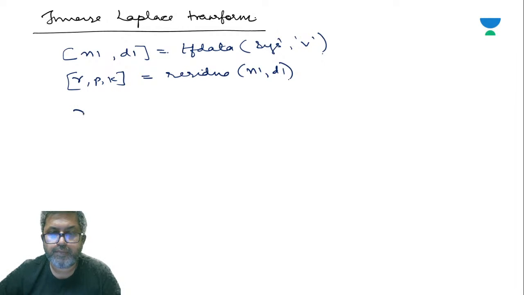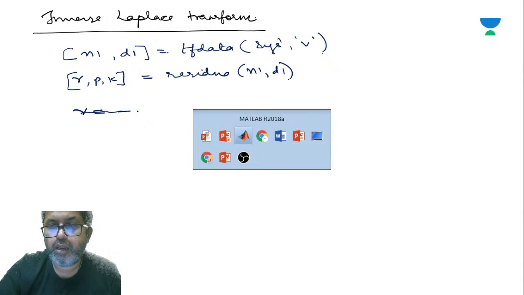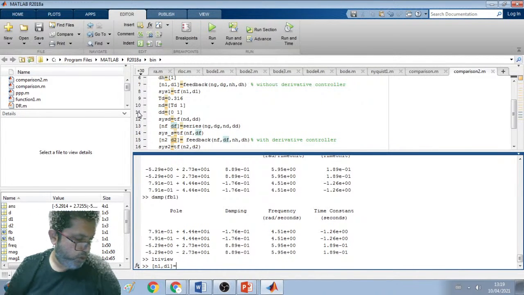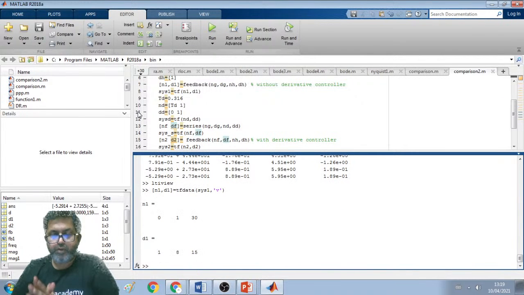Let us do the hands-on. n1 comma d1 is equal to tfdata sys1 comma 'v'.